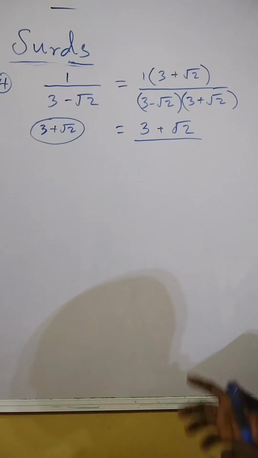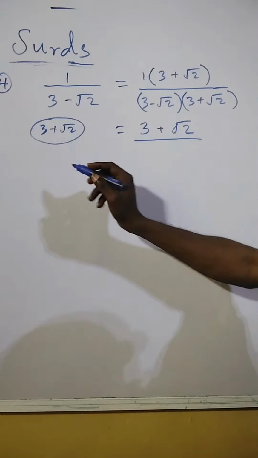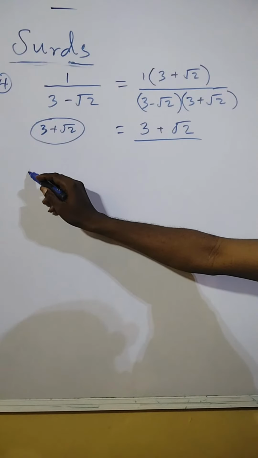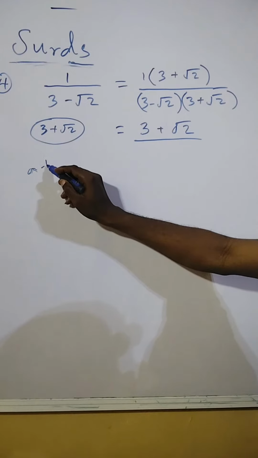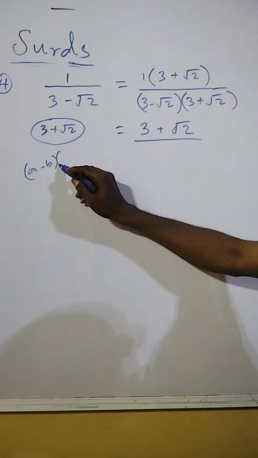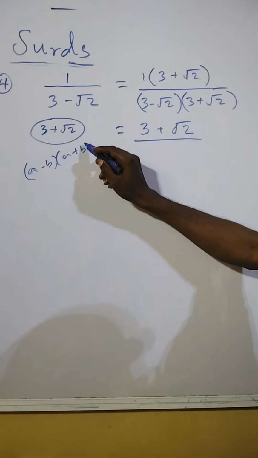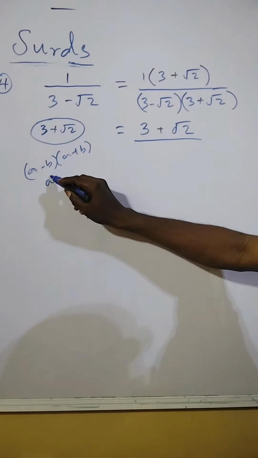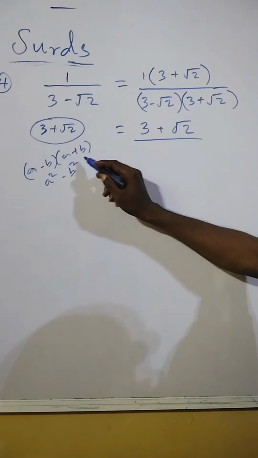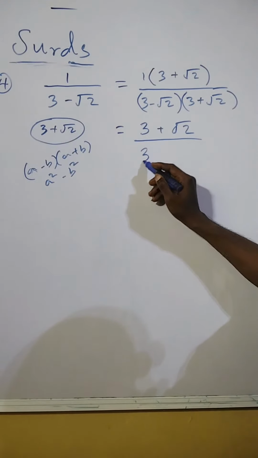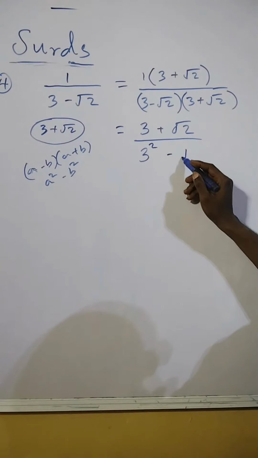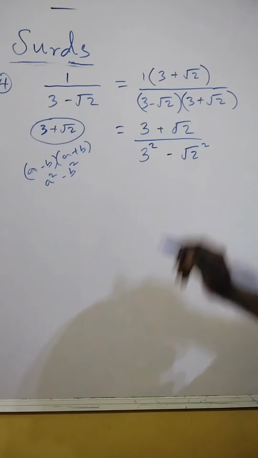So once it is conjugate like that, it follows the difference of two squares. This we have a minus b into brackets, open brackets, a plus b. So we can equally write this as a square minus b square. And this here is 3 square minus root 2 square.